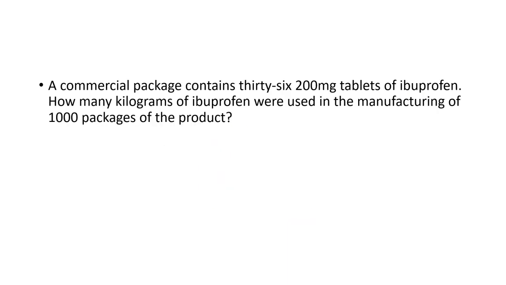Okay. A commercial package contains 36 200 milligram tablets of ibuprofen. How many kilograms of ibuprofen were used in the manufacturing of 1,000 packages of the product? Okay, so one package contains 36 tablets, and each tablet is 200 milligrams.